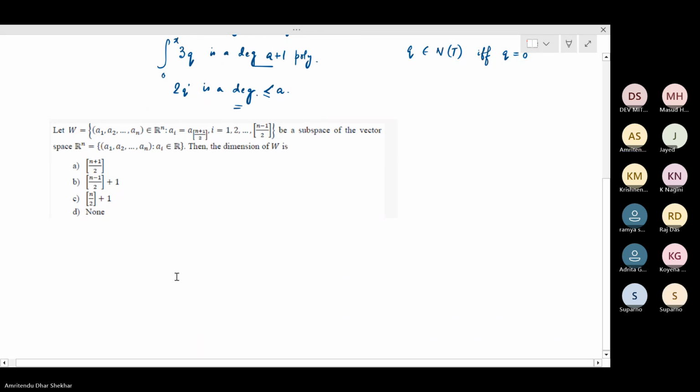So let's look at the second problem. You have the set of these numbers R^n, where starting from the halfway point, the numbers are basically repeated. There are two cases.